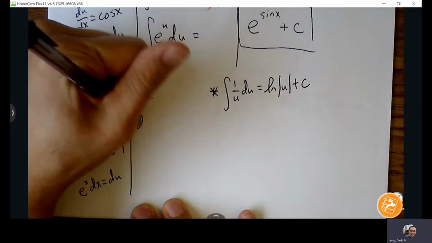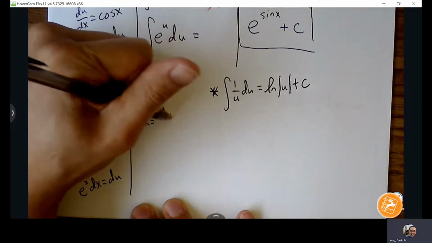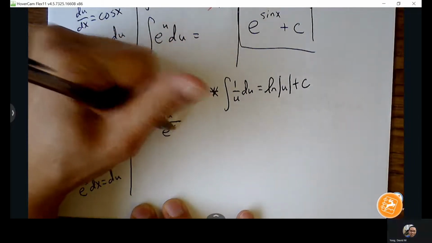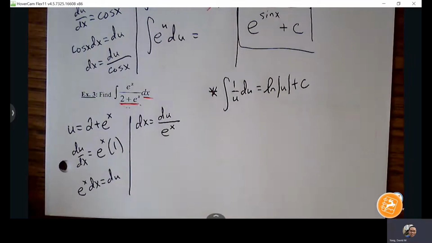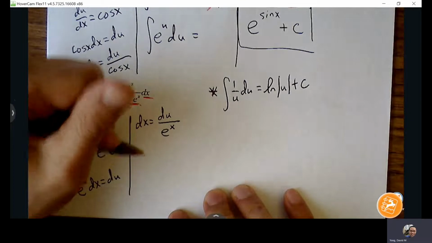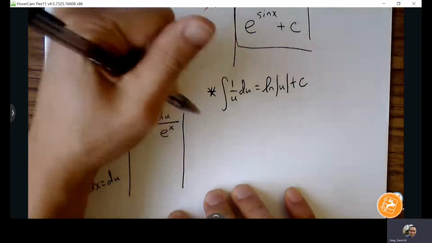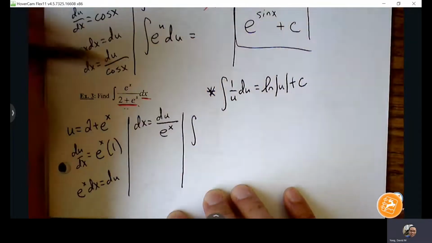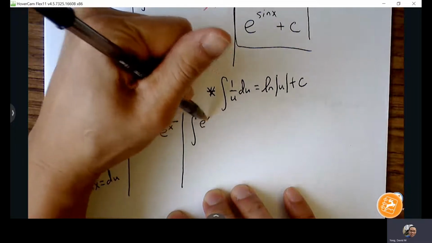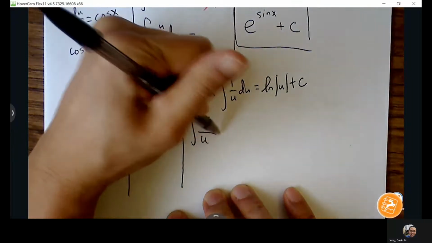Solve for dx. Make your substitution, and let's see if we can make things work out to match a rule.